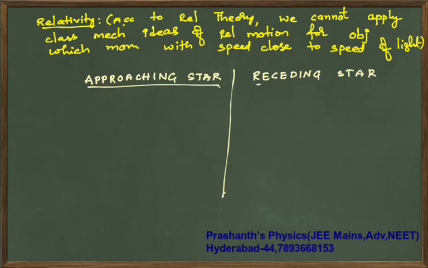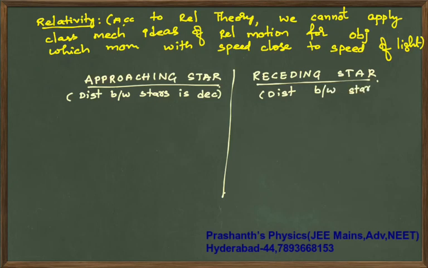So indirectly I can apply the Doppler effect to these two cases. Here the distance between the stars is decreasing. Here the distance between the stars is increasing. Stars are any big objects with respect to earth, something like that.